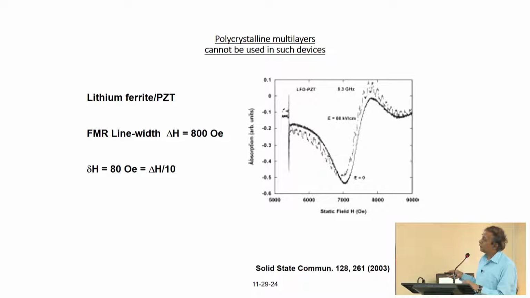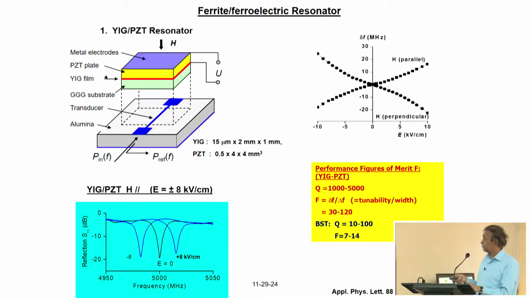It's practically nothing, it's just 80 Oersted. The line width is 800, so the tuning is a tenth of the line width and doesn't serve any purpose, right? So the polycrystalline material is not something you want to use in any of the devices. It should be single crystal ferrites with reasonably small line width, so that the tuning is by several line widths.